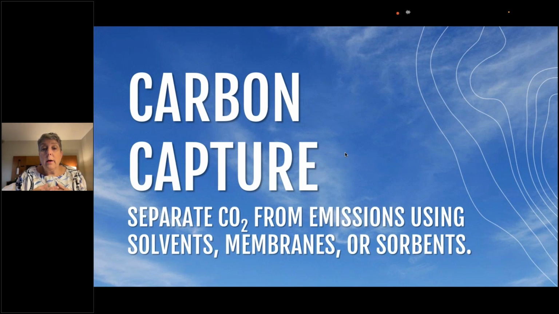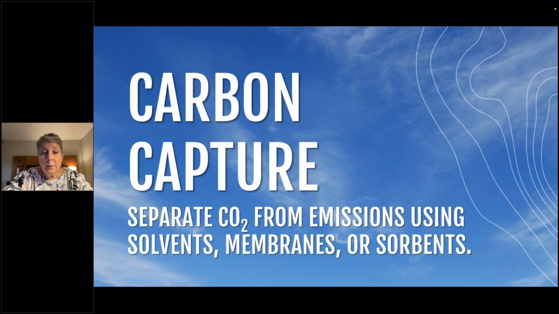If you are chemically separating it from an emission stream, you're using a solvent or a sorbent. When you see something coming out of a power plant smokestack, that's actually only about 17 to 20% carbon dioxide. The rest of it is water vapor and a few other gases.